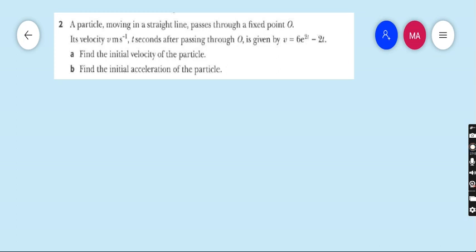Question number 2 is a particle moving in a straight line passes through a fixed point O.